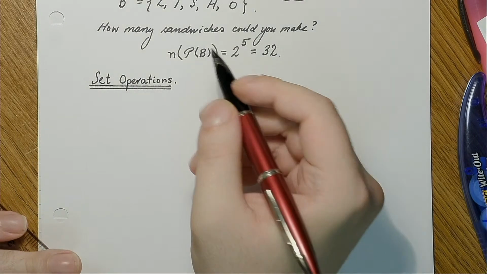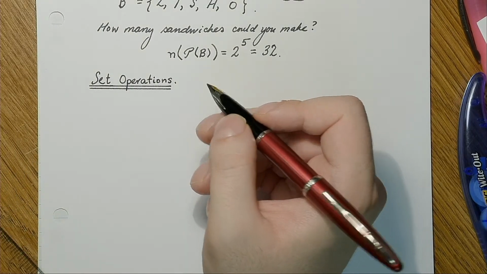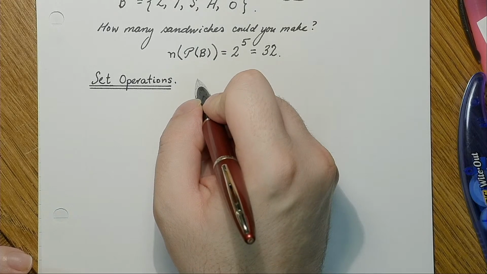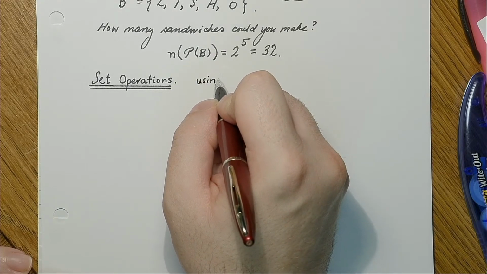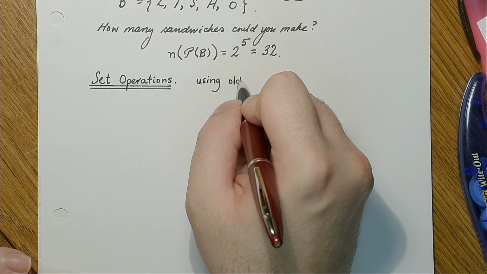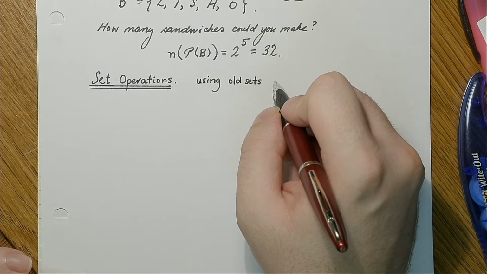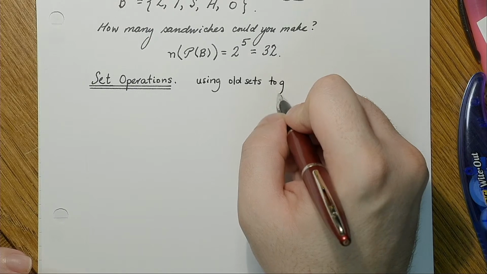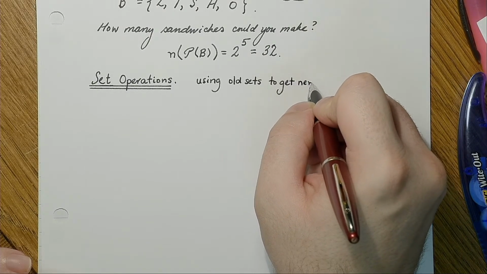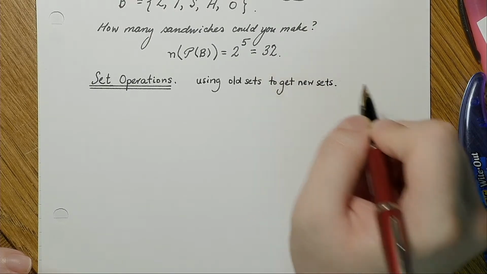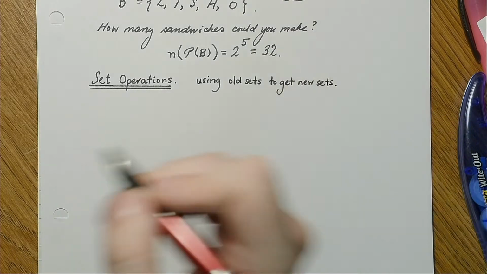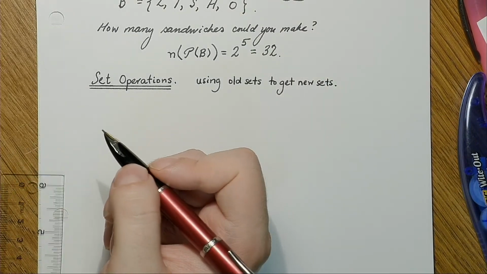So you can think of this as using old sets to get new sets. Okay, so we're going to use the same idea.